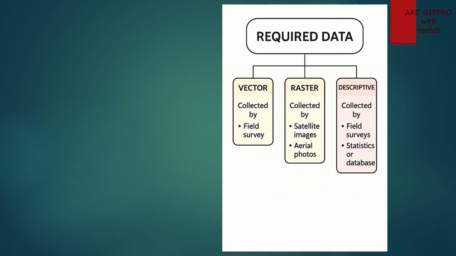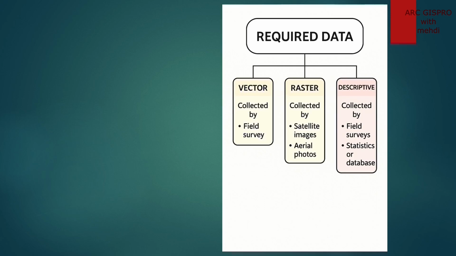I mean, in addition to the X and Y coordinates, they also have a value for a third dimension, which represents elevation, temperature or rainfall. And finally, a third category of input data is known as descriptive data.